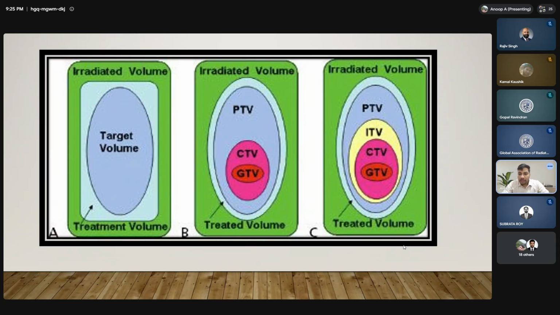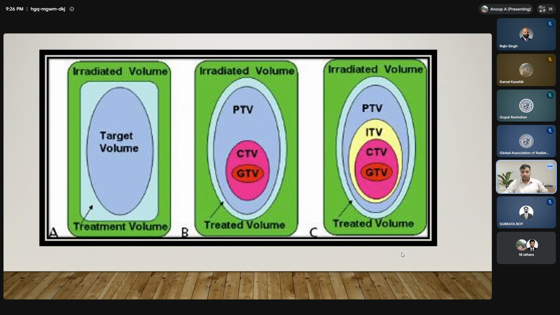Next, the CTV, the pink one, is the GTV plus a margin for invisible, subclinical, and microscopic disease spread. Next, the PTV, the blue one, is the CTV plus a safety margin to account for both daily patient setup errors and organ motion internal margins. Diagram C shows the addition of the ITV, internal target volume, between CTV and PTV, which you can see in yellow.